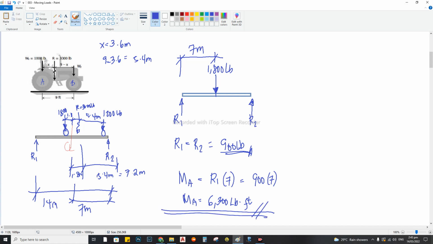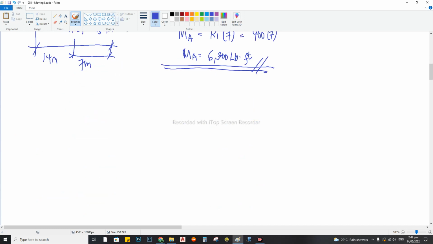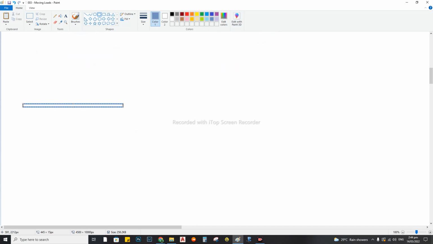So next na pud nato ang consideration atong paano pud og moment or maximum bending moment will be si kuan kani si load B. So lahi na po na ang position. So same beam, same span, that is still 14 meters.